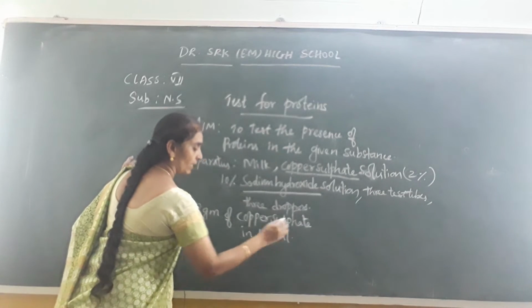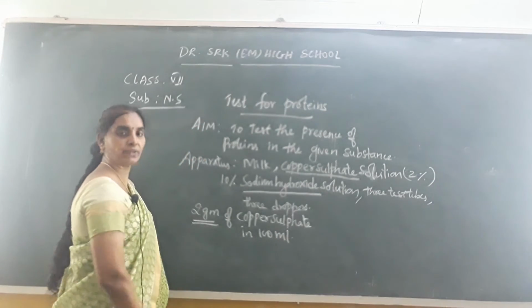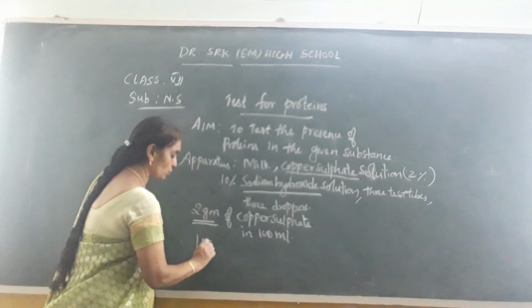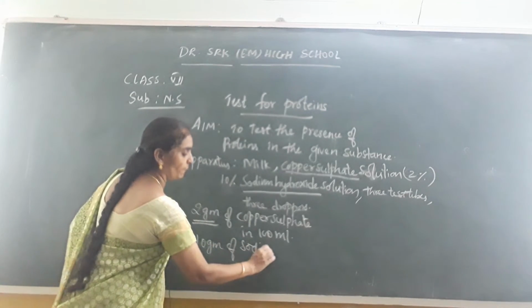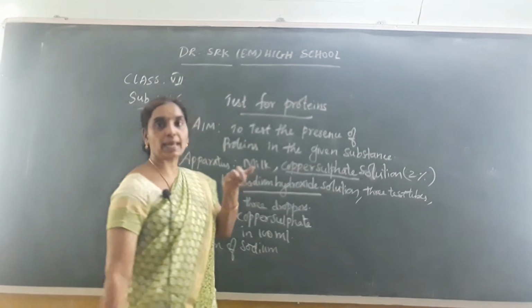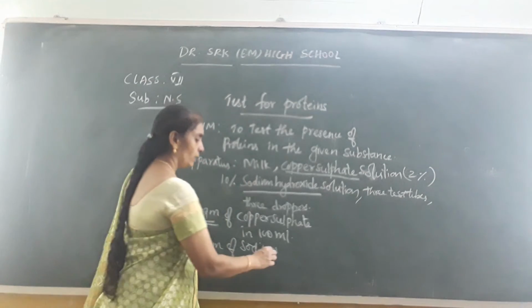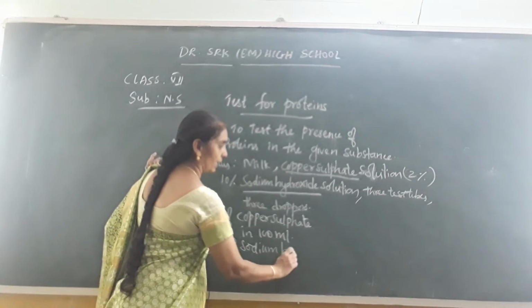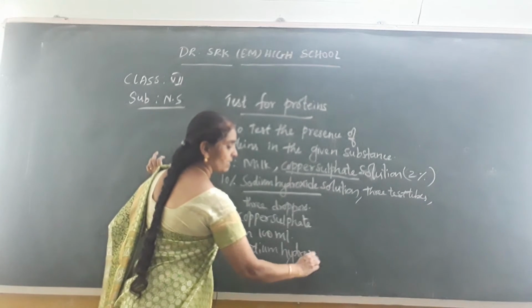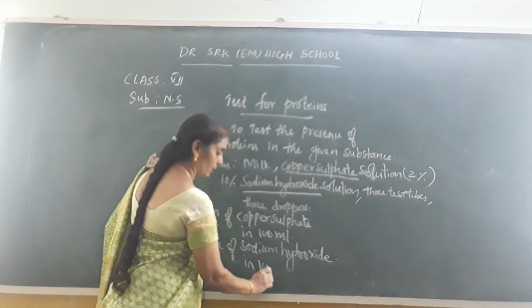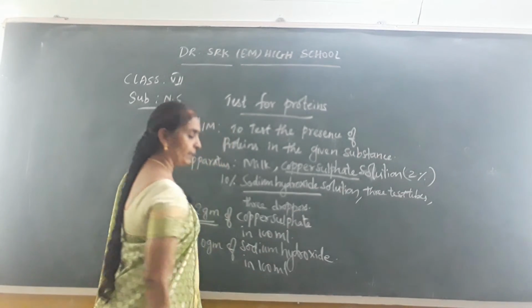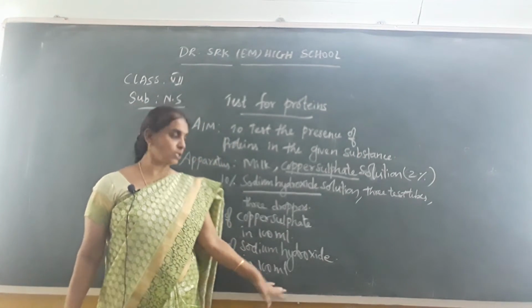If you mix it, it becomes 2% copper sulfate solution. 10 grams of sodium hydroxide, which is in the form of pellets, in 100 ml of water makes a sodium hydroxide solution.